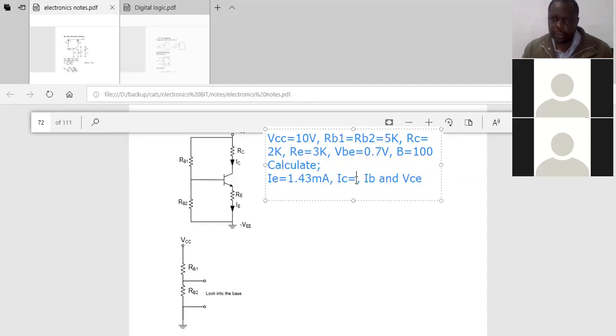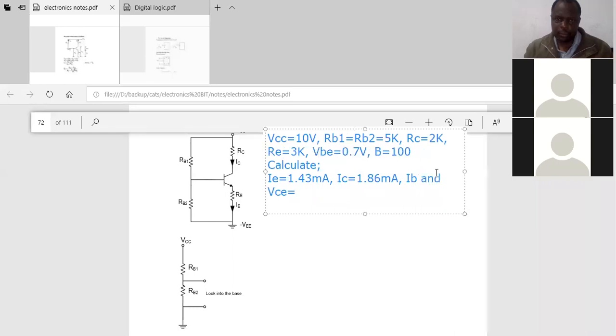Anyway, can you give us all the values that you have? So you had 1.43, then 1.86. Yes, 1.86. And then IB is also 1.86.